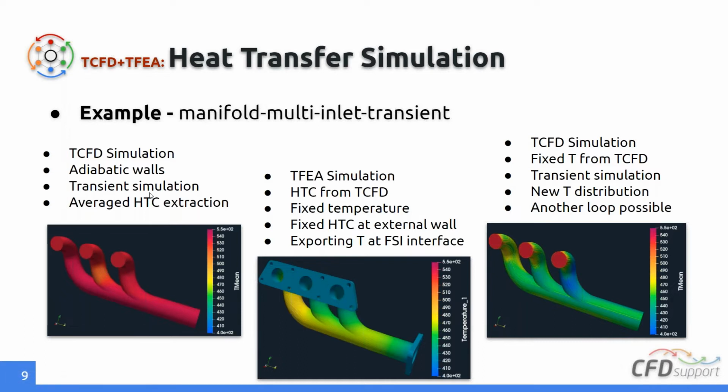So let's say in the first simulation, where we don't know the ambient temperature or the temperature from the solid, we can run a first CFD simulation with adiabatic walls with the prescribed transient conditions, which we get from the measurement from the given engine, let's say. So this is a transient simulation, and as the output of the CFD, we get an averaged HTC coefficient and the reference temperature at the given y plus.